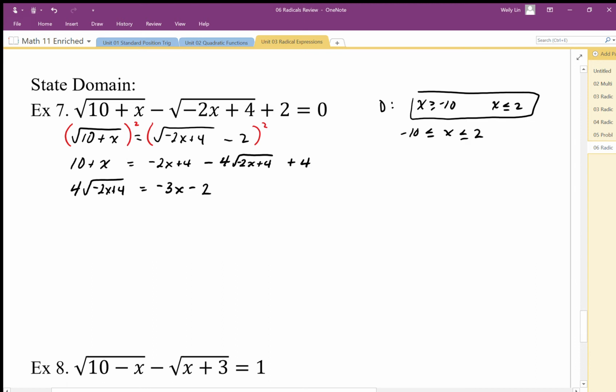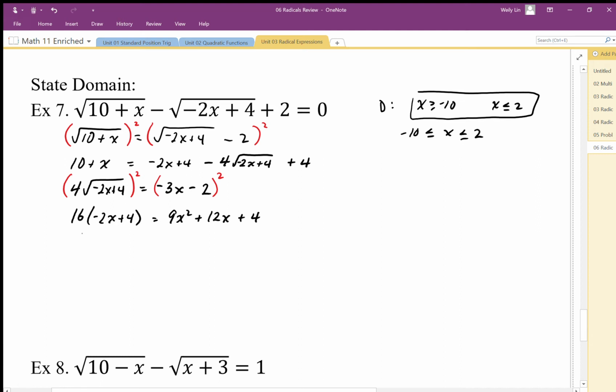We have this second square root that we want to get rid of, so we're going to square this and square this. So we end up with 16 times -2x plus 4. When we distribute this, we get 9x squared plus 3x times 2 is 6x, so we have two of those, plus -2 times -2. So here's our quadratic.